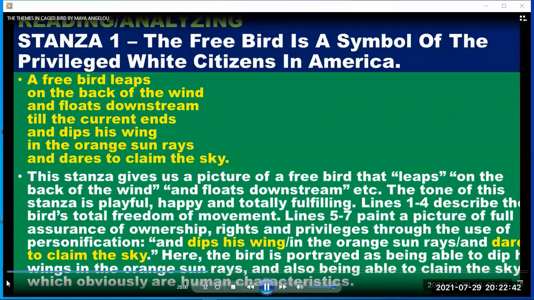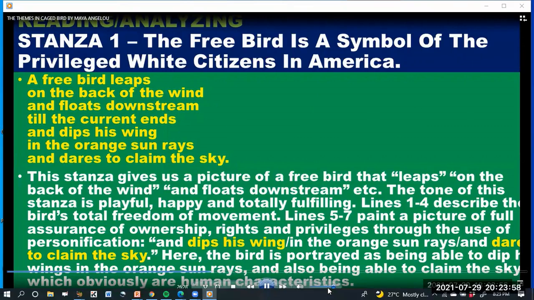There are ironies of life, because here you see the free bird is a symbol of the privileged white citizens in America. We are going to look at stanza 1, then we look at stanza 2, because what we want to look at here is that these two things are placed side by side.